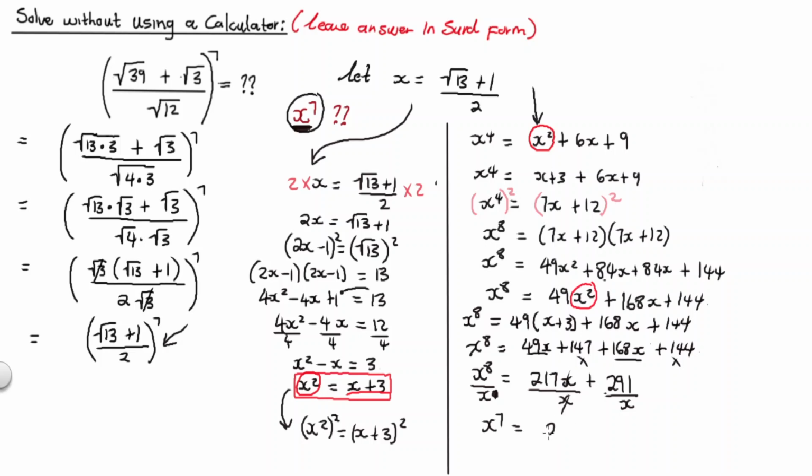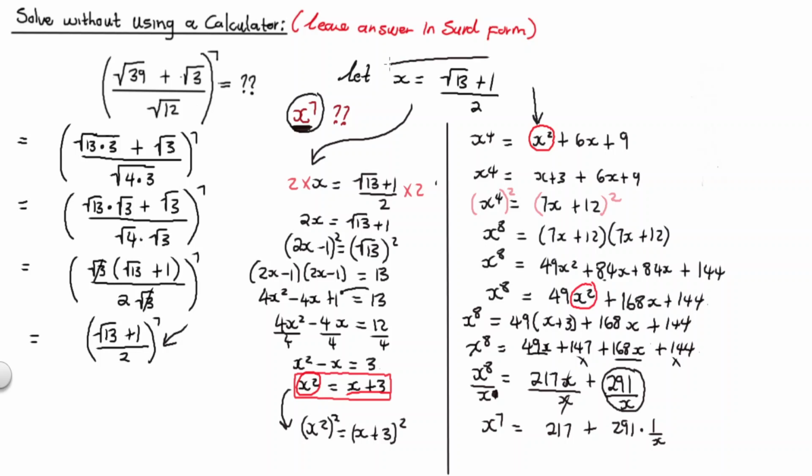x cancels x, 217 plus 291 multiplied by the inverse of x. Instead of dividing by x, we can multiply by the inverse of x. Let me show you.